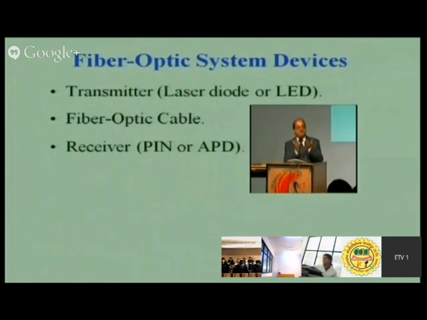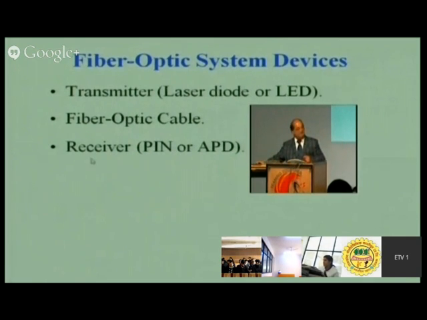When I say optical fiber, it is a simple fiber with core and cladding. It is a glass material. If it has to be used in the field, it has to be given mechanical strength. It has to be made more and more mechanically strong. As a result, the optical fiber is converted to an optical fiber cable. It is the cable which is used for practical application in the field.